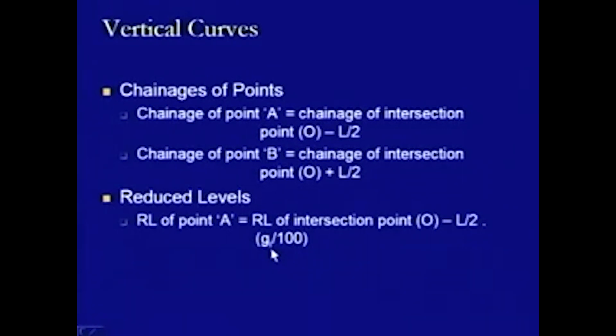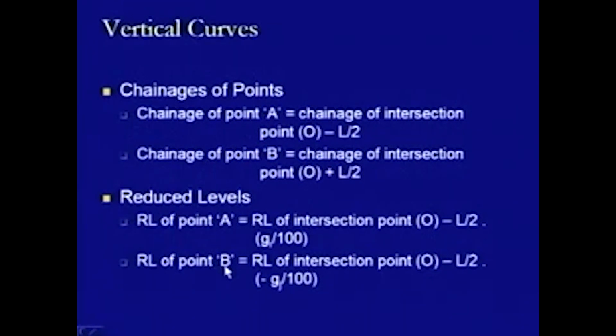Here G1 means the first gradient divided by 100, so it is being transformed into a ratio instead of a percent value. This multiplied with the distance will give us the value by which it has to be reduced. So this is how we can find out the RL of point A, that is the initial starting of the curve.